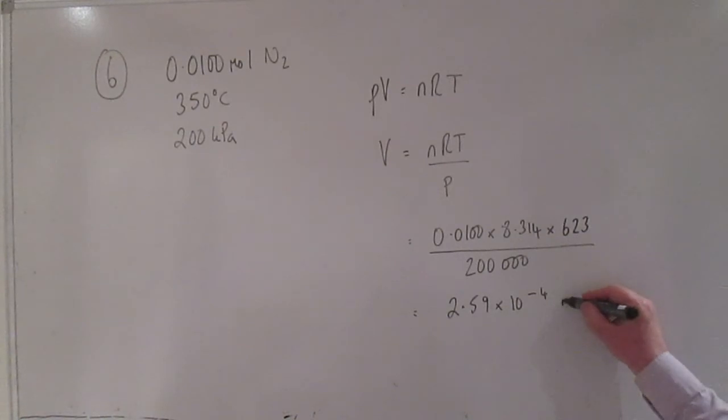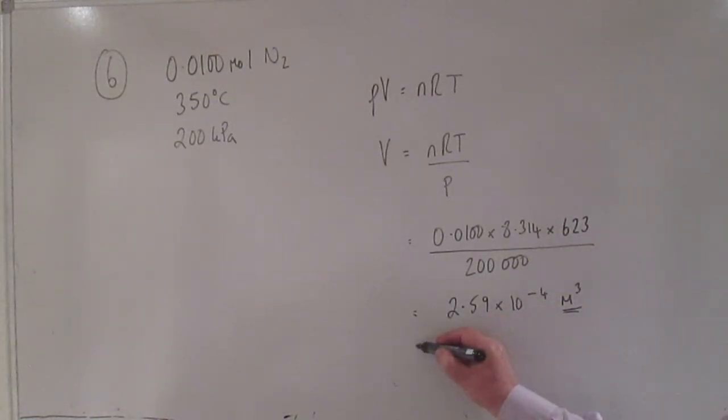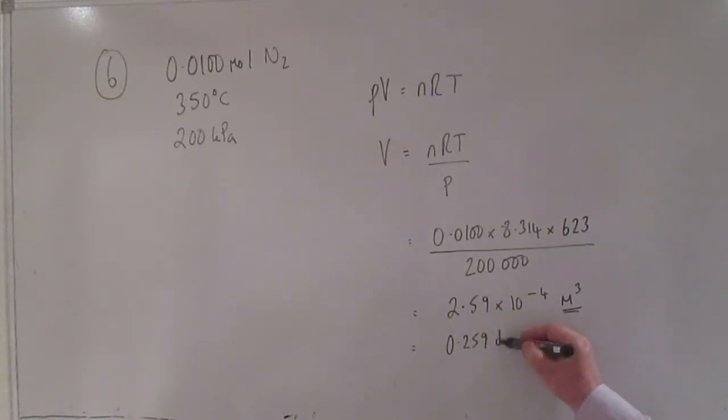But remember, that will be in cubic meters, is the way this calculation works. But the answers you have to choose from are in cm cubed. So remember, a cubic meter is 1,000 dm cubed. So if we multiply that by 1,000, we get 0.259 dm cubed.